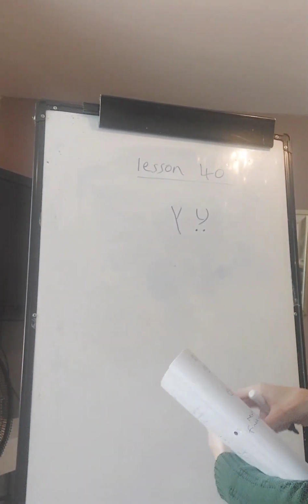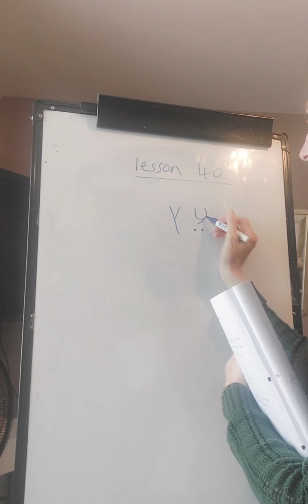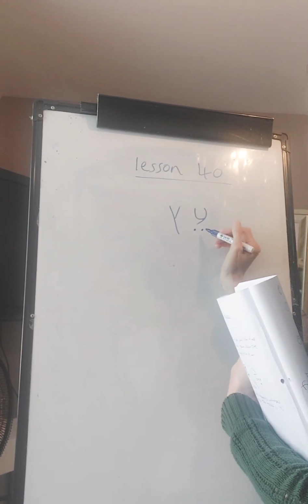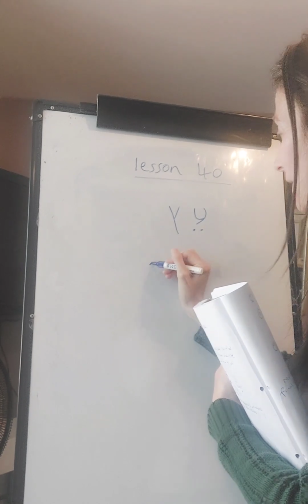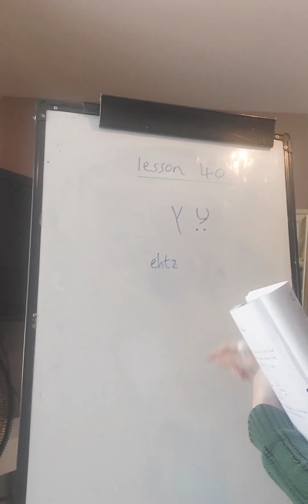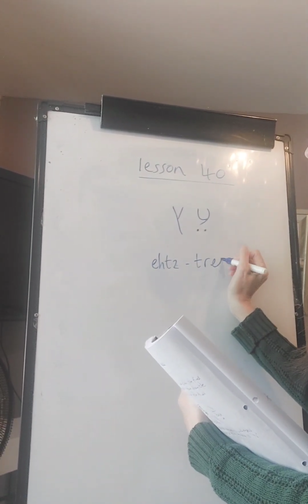Okay, so this one, this is the ayin. Ayin is a silent letter, so we've got no sound. So instead it goes straight to the sound of the vowel, which is the air vowel, the E, air, and then final tsadi, etz, and that means tree.